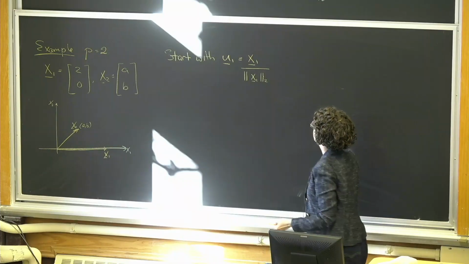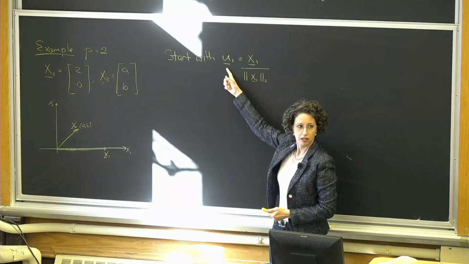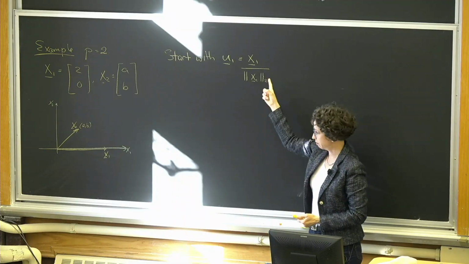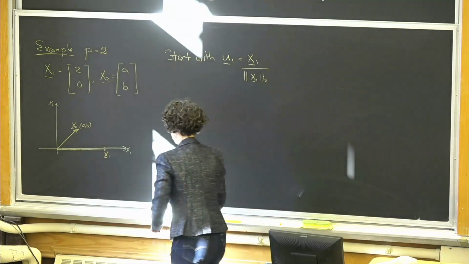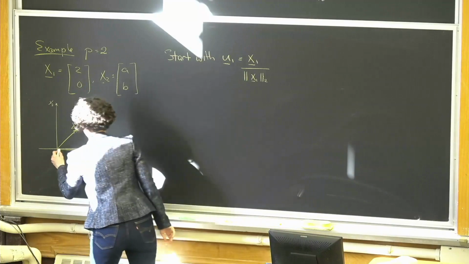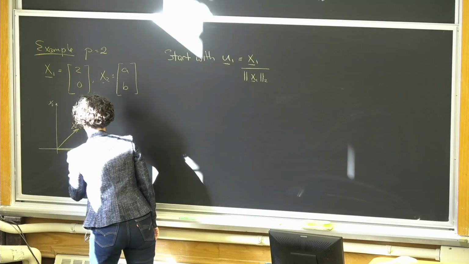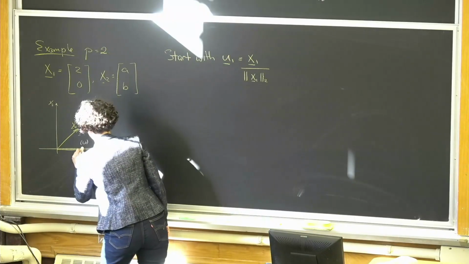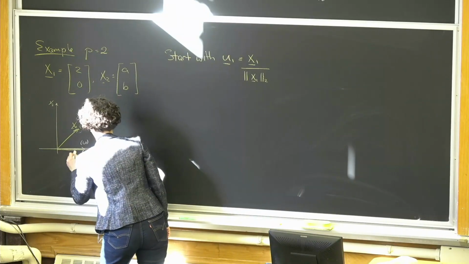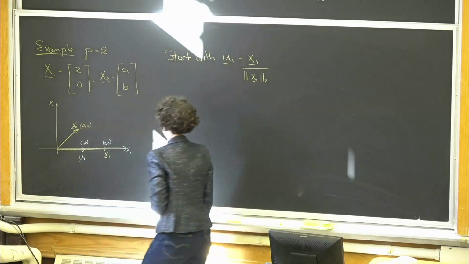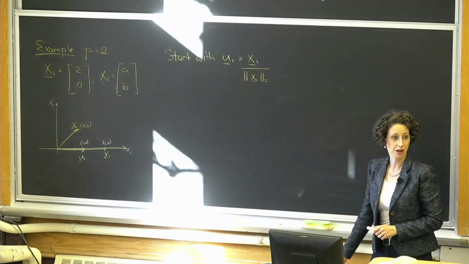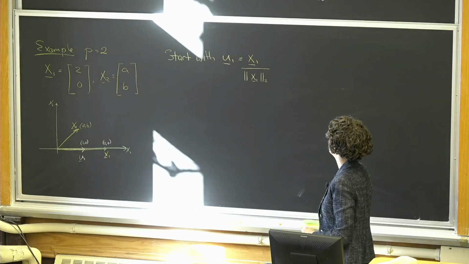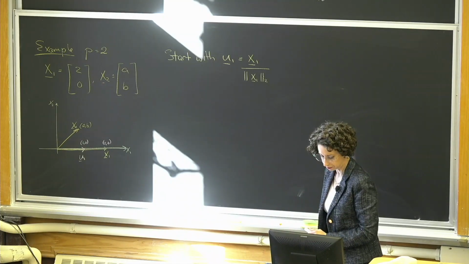And if we do that, then this resulting u1 is going to be a vector that's pointed in the same direction as x1, but only has length 1. So going back to our figure here, this point is (1, 0), whereas this was (2, 0). So right here, we are going to have u1. Okay, so the first step in Gram-Schmidt orthogonalization is always pretty easy. We simply do this normalization step.